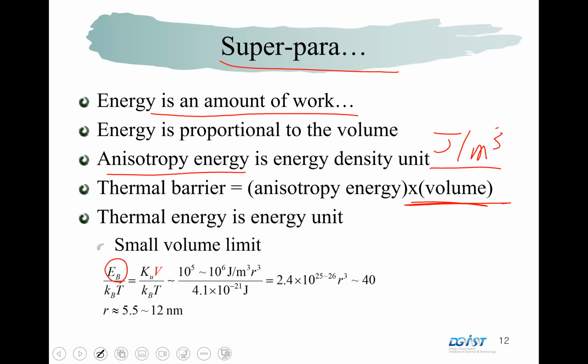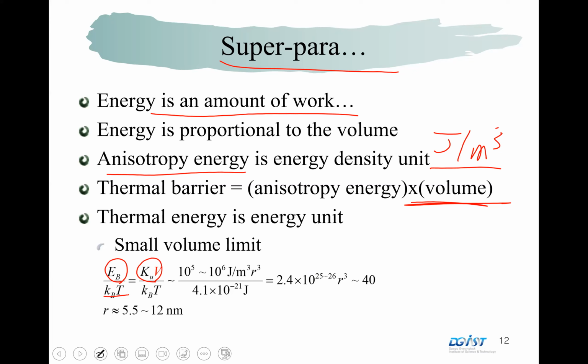So the energy barrier against the thermal energy is Ku multiplied by the volume. And at room temperature there is no way we can control the thermal energy. It's a fixed value. We have no way to avoid it. The only way is cooling down the system, but this is not practical.